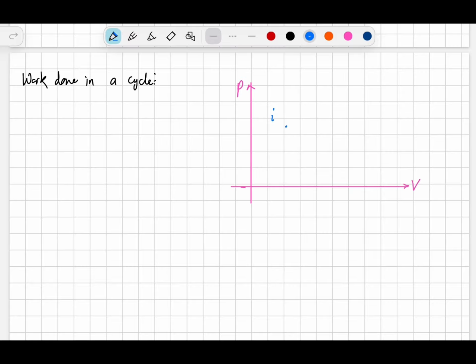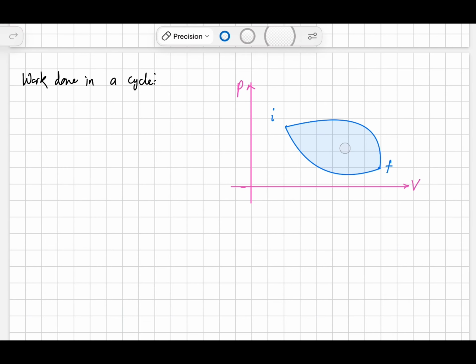This is a thermodynamic system, and this system has gone through this process from initial to final state, and then it has come from final to initial state like this. Okay, fine. So the arrows are important so that they can tell you how the process happened, right?